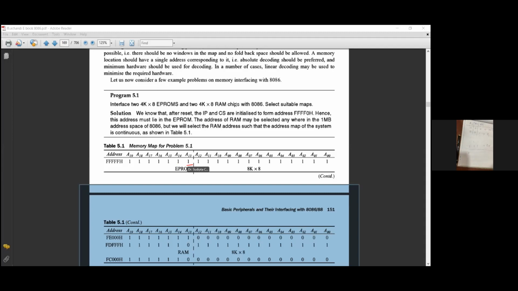You will get it from over here. Okay. A13 should be 1.